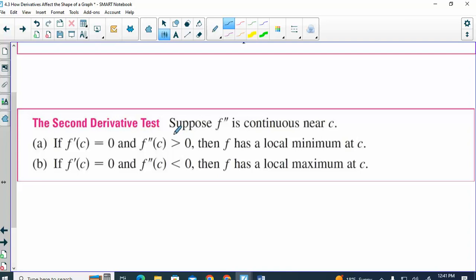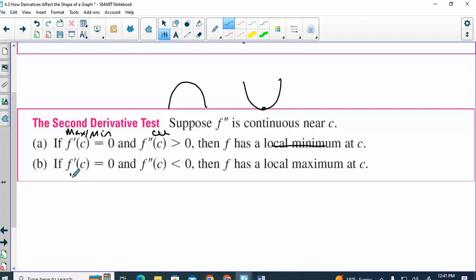And the second derivative is positive. If the second derivative is positive, that means the graph is curving upward, right? So if it's curving upward, was it a max or was it a min? Min. It would have to have been a local min.